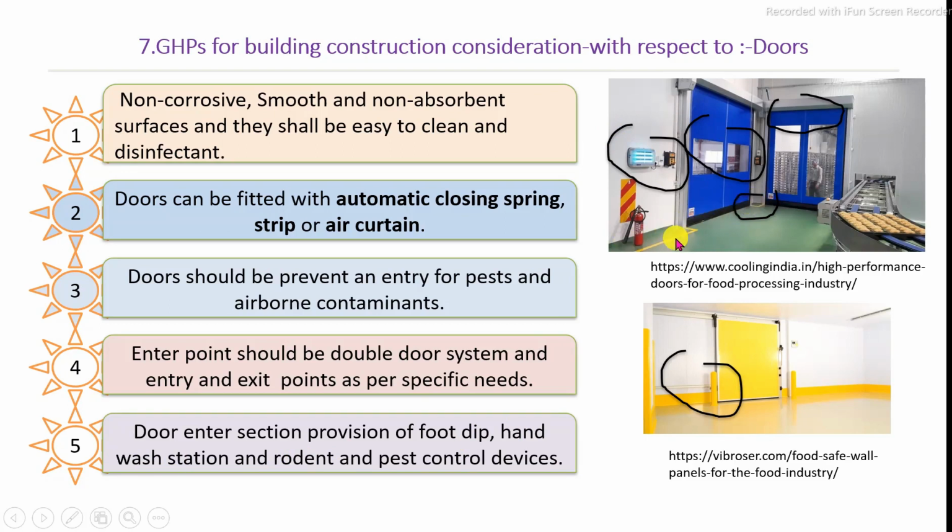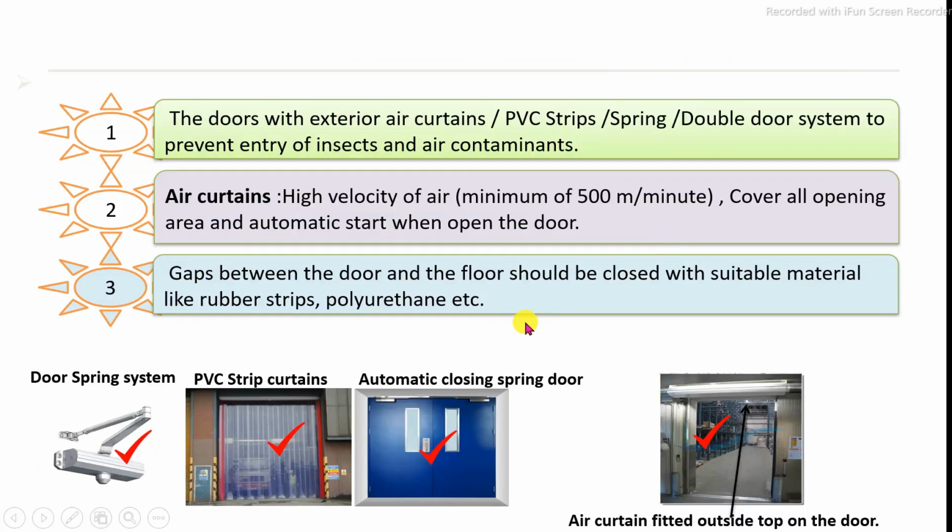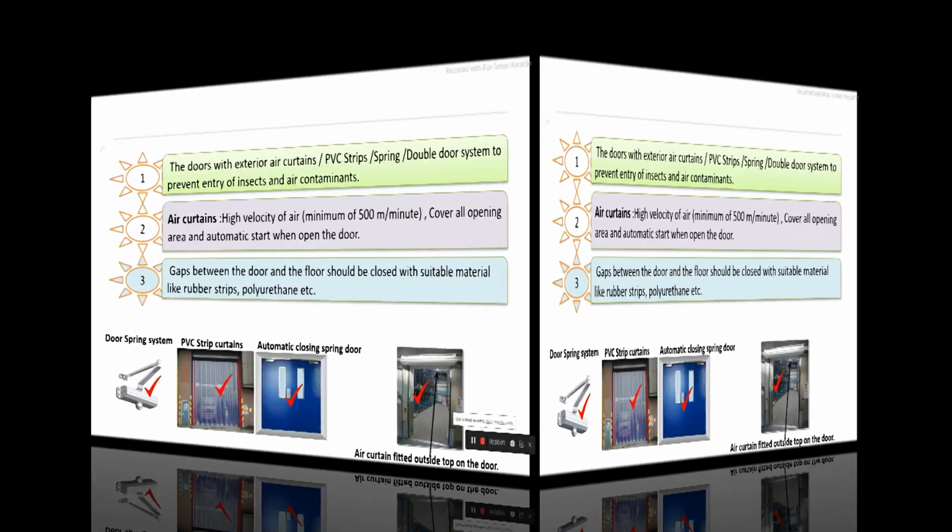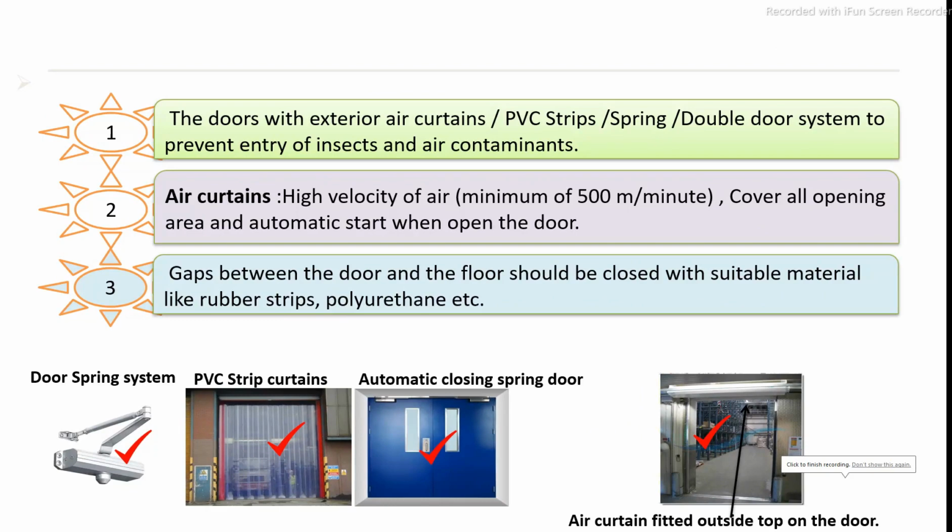entry points. The next main point is the door with external air curtains. With the air curtains, you can see the entry point outside of the door, on the top of the door, completely fitted with air curtains.